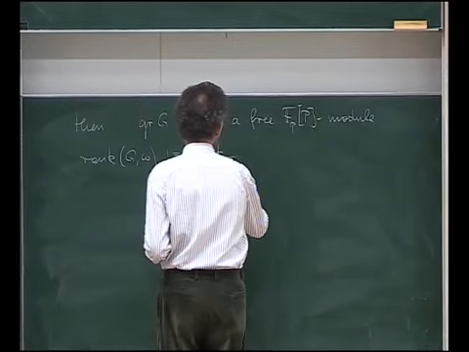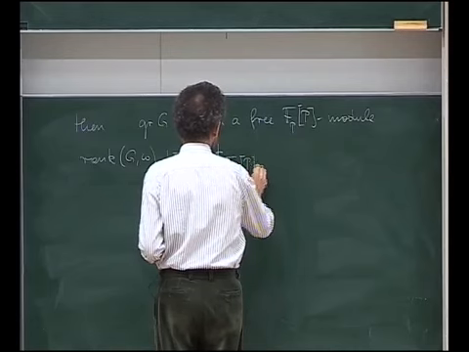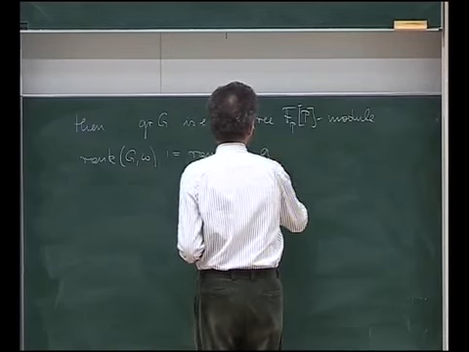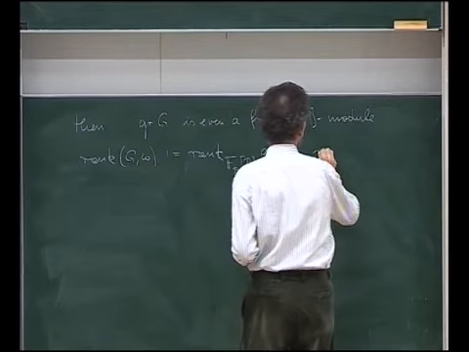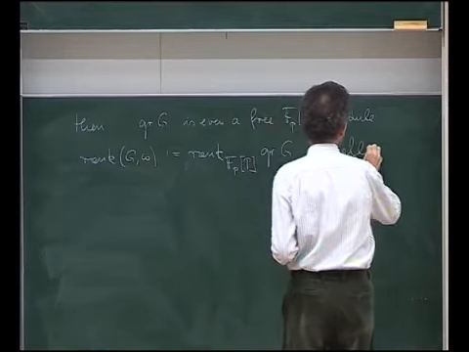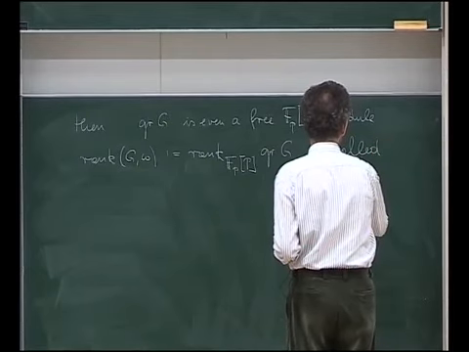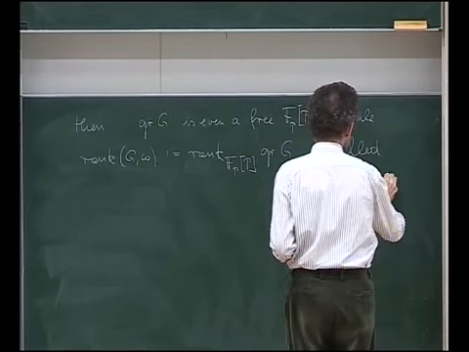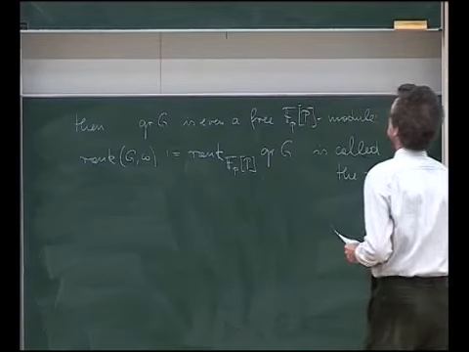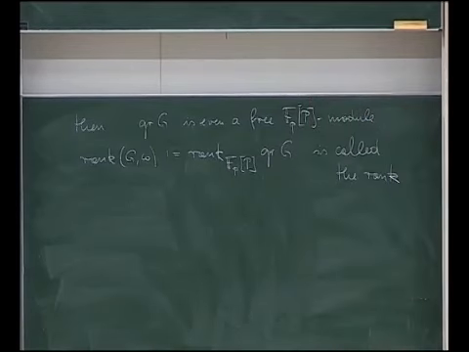The rank of G, omega is defined to be the rank of this module. It's called the rank. So these are provisional notations in some sense. The freeness is not obvious. Sorry? The freeness is not obvious.